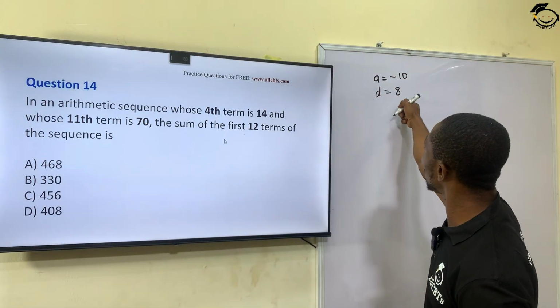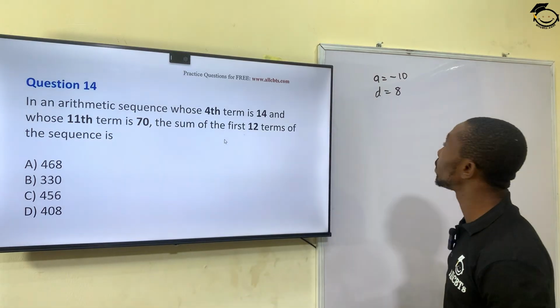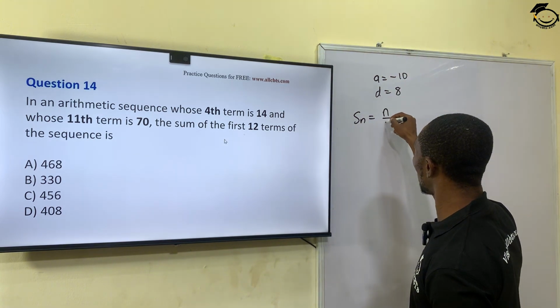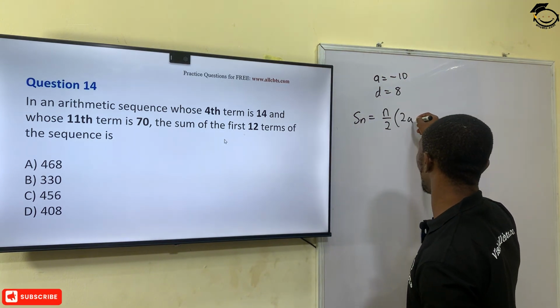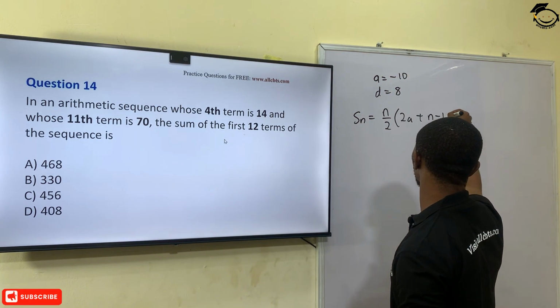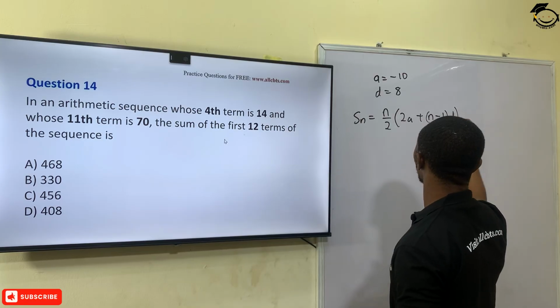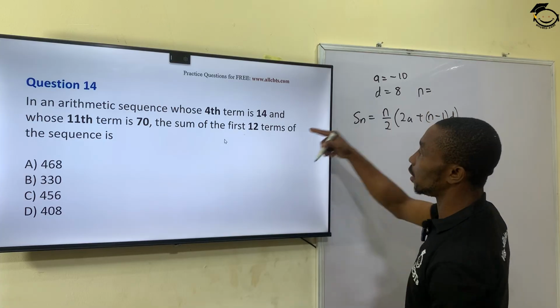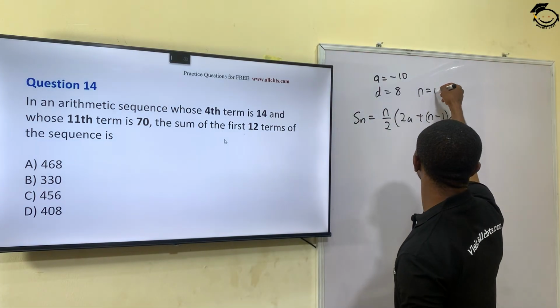So using this for this question, we have sum of terms equals n over 2, bracket 2a plus n minus 1 d. Now, our n in this question is 12.